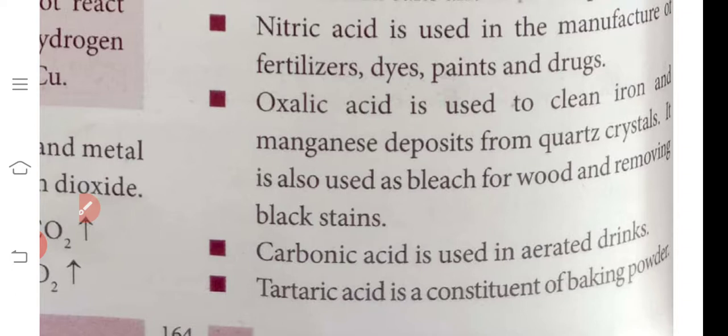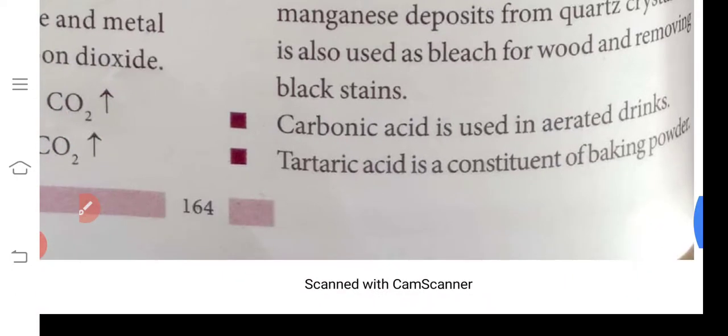It is also used as a bleach for wood and for removing black stains. Carbonic acid is used in aerated drinks. Aerated drinks means soft drinks, like Coca-Cola, Pepsi. Tartaric acid is a constituent of baking powder. These are the uses of acids.